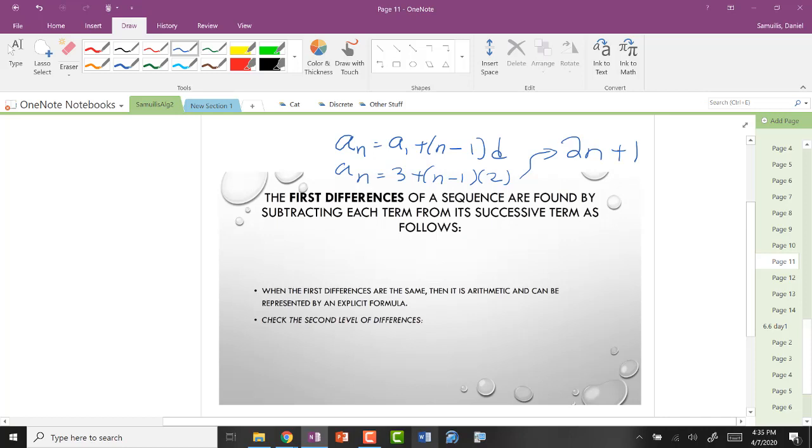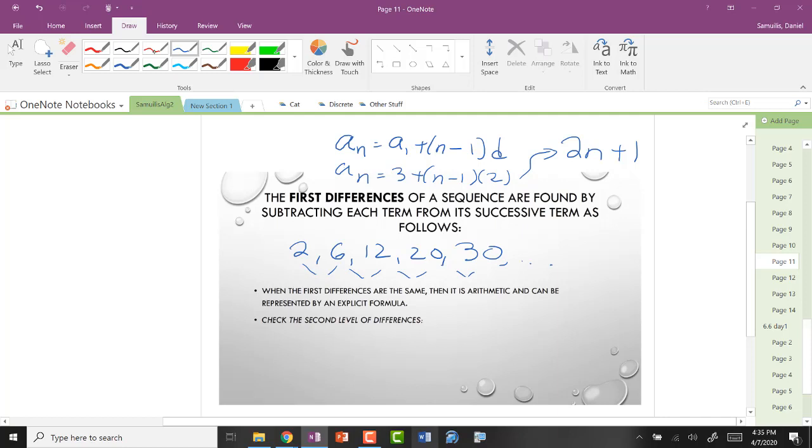What we're going to have now are second level differences, and that's the case for our previous problem. In that problem, our sequence was 2, 6, 12, 20, and 30. The first time we go through and subtract these, there is not a common difference.